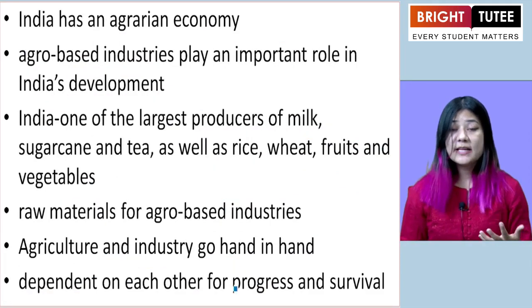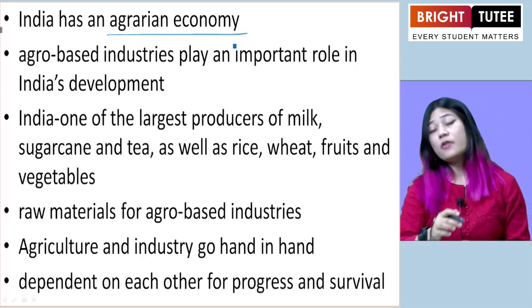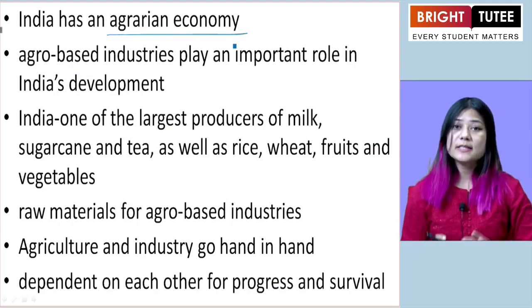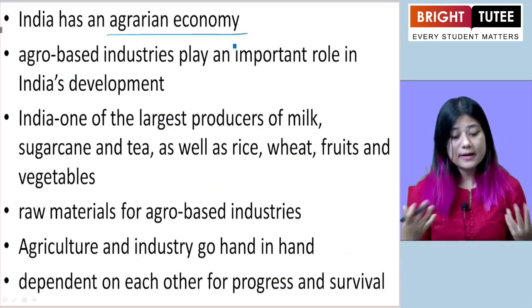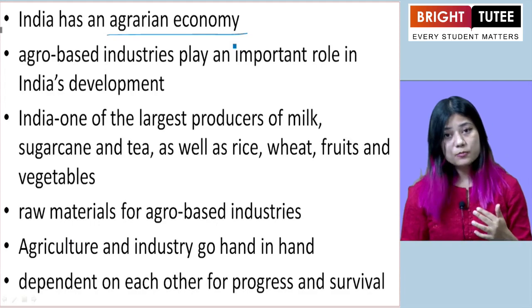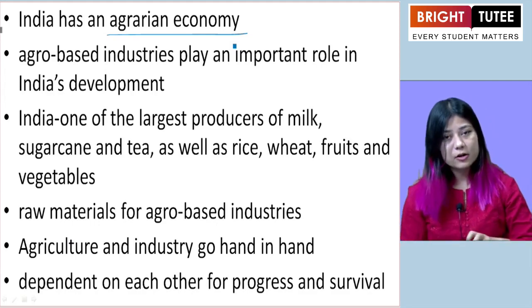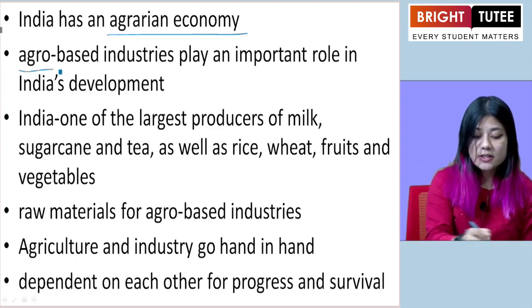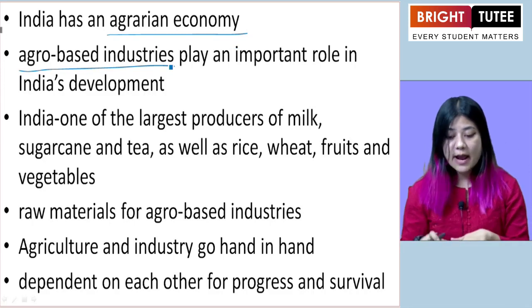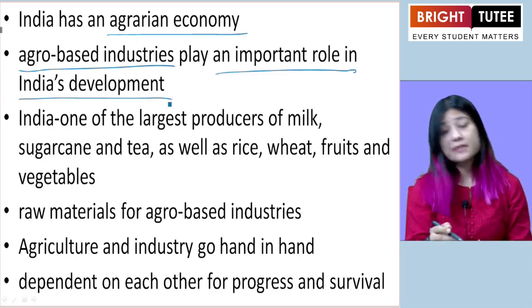Now we all know that India has an agrarian economy. The majority of people in India depend on the agricultural sector for their livelihood, right? Because of this heavy dependence on the agricultural sector, agro-based industries, which are based on agriculture, play an important role in our country's development.